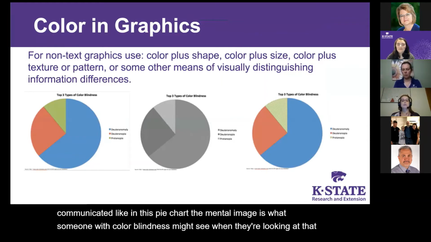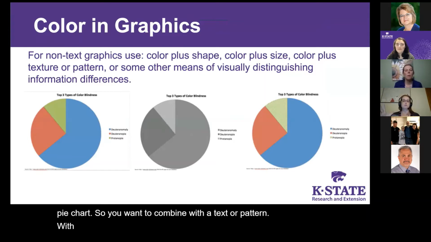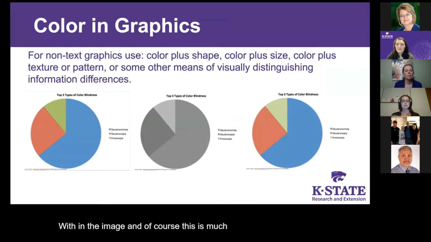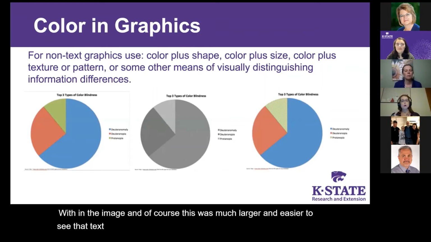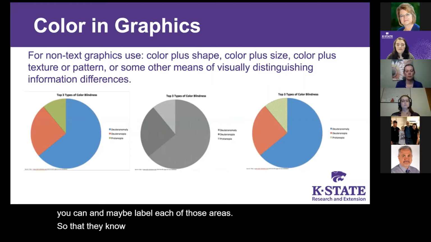So you want to combine color with a text or pattern within the image. And of course, if this was much larger, it'd be easier to see that text and pattern. But you also want to go further with that if you can, and maybe label each of those areas so that they know specifically what each relates to.